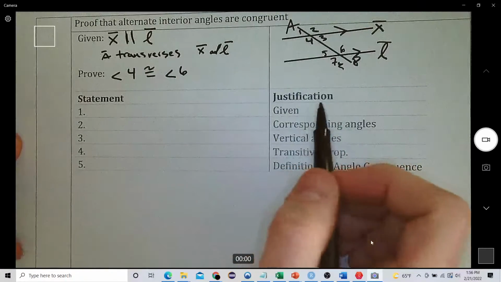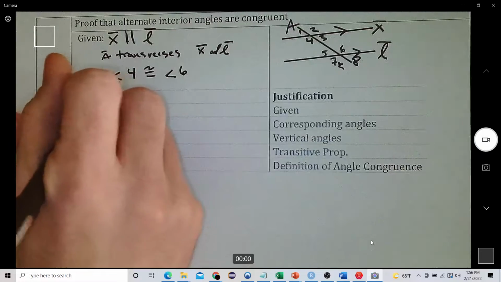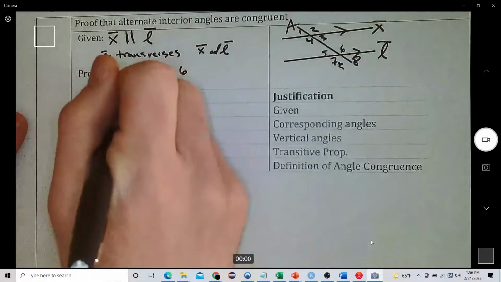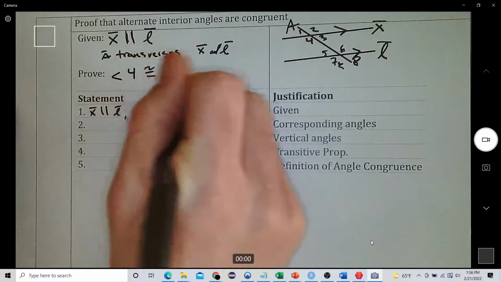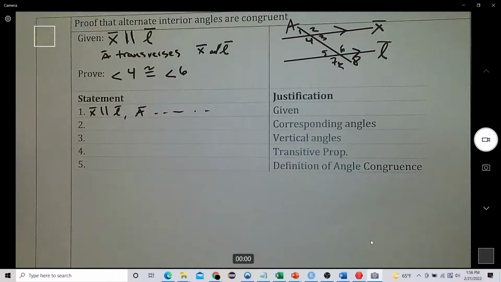So given, we already have our givens. We can say that X is parallel to L, and A transverses them. Let's just say blah, blah, blah for now, because we're checking out right now. We want to be done. So in other words, what are we trying to prove?